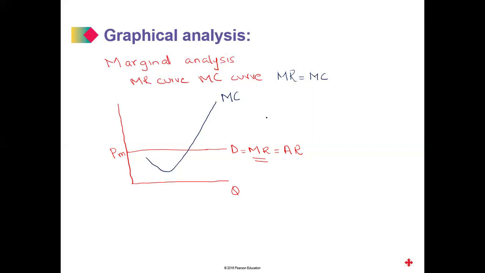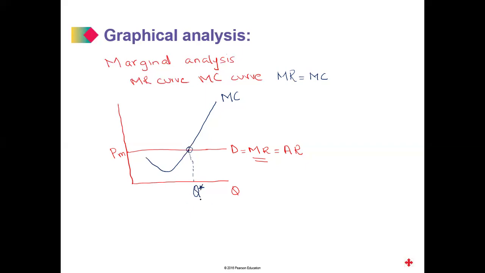You can see that this is happening when the marginal cost curve intersects the marginal revenue curve. So this is the point where marginal revenue is exactly equal to marginal cost. And this is the best quantity that the single seller will produce. I'm going to represent this by Q star.